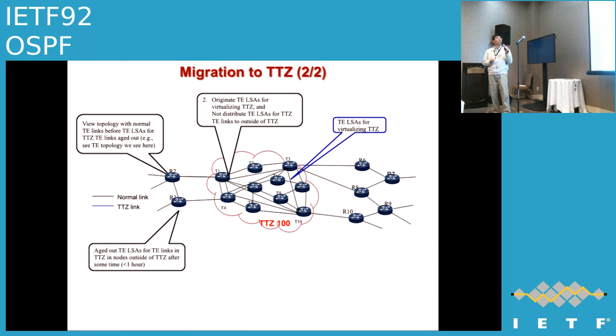This TE LSA for the virtualized TDZ is just a normal TE LSA, and it will be distributed to the outside. So outside will see those edges fully connected with TE links. But because we use the existing TE LSA, aging out or flushing out the old LSAs may take time. So only after some time do we have a clear picture.